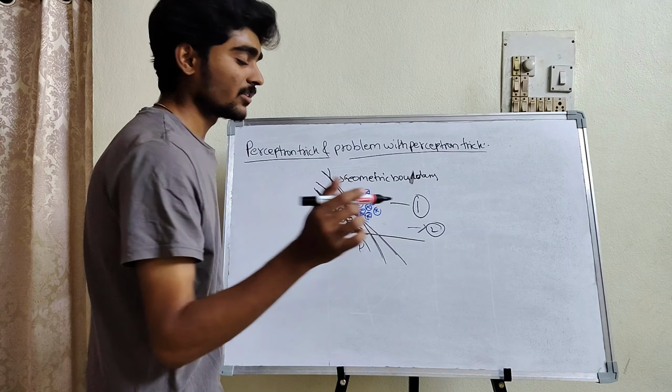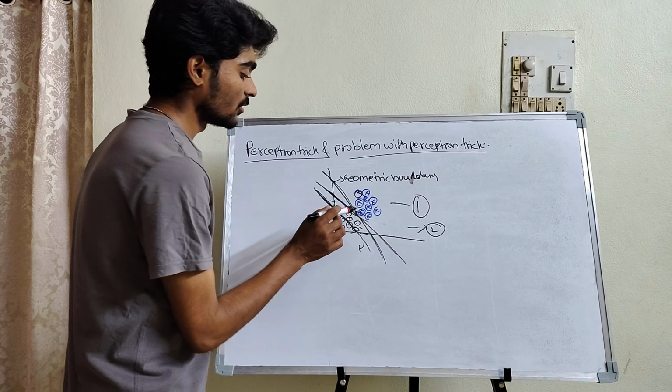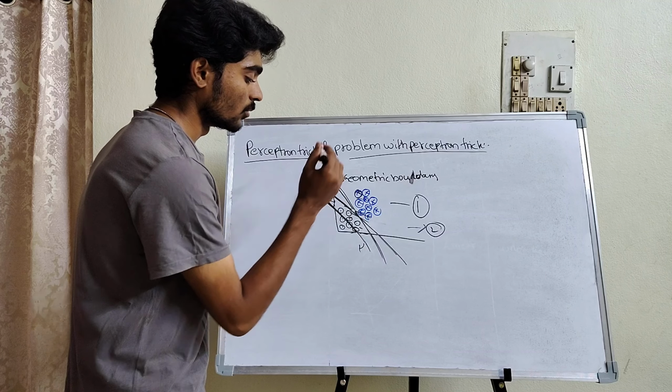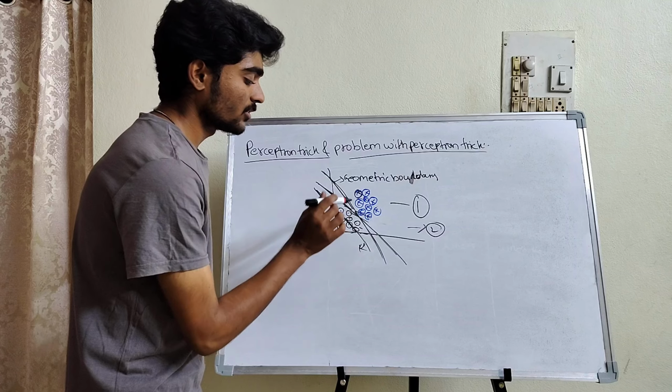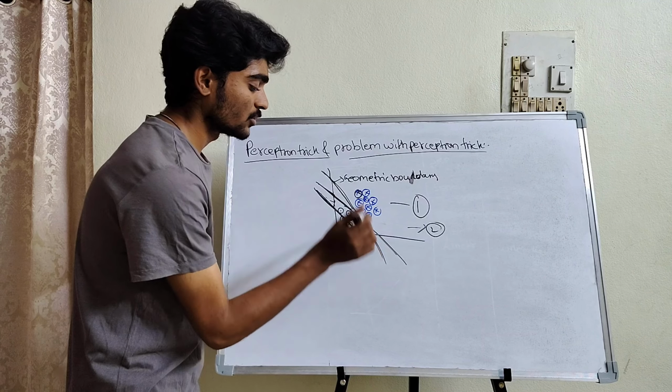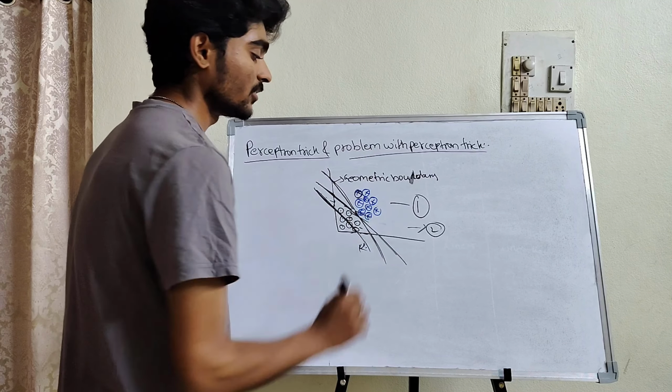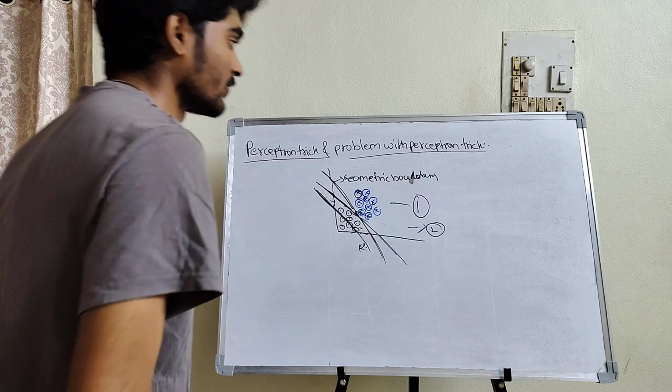So when you have this misclassified data as it is without being moved, it means your model is performing very poorly. Okay, these are the two basic problems with perceptron trick.